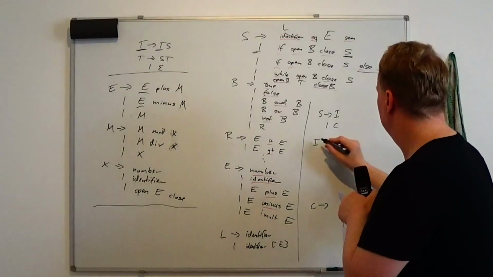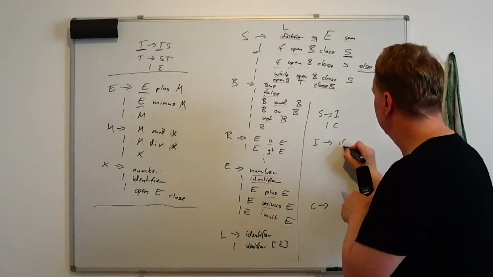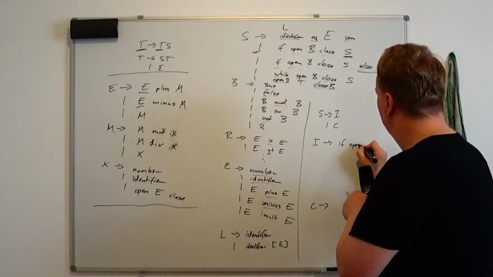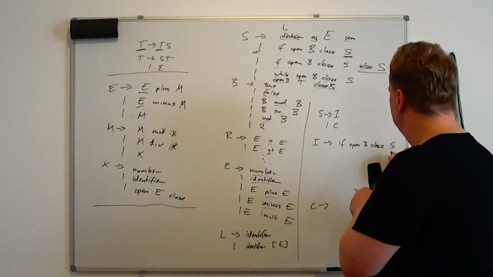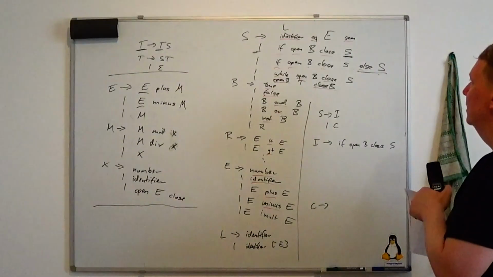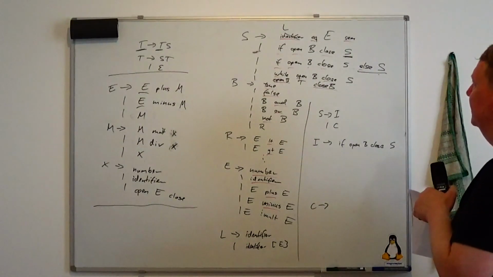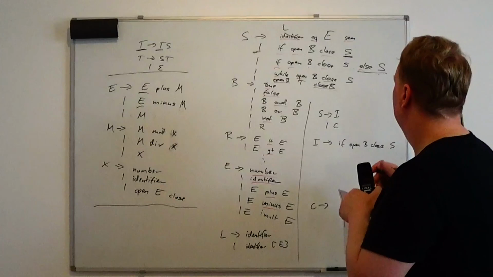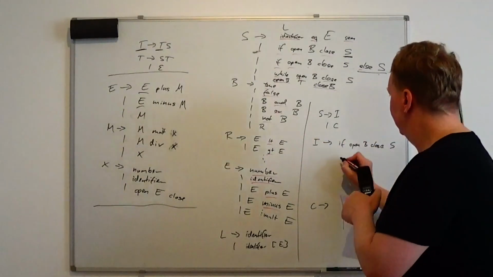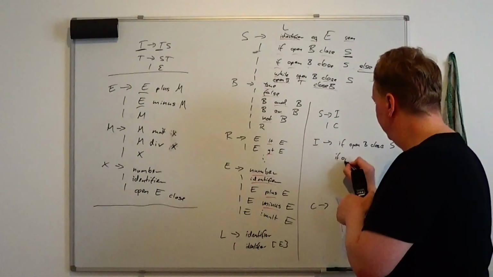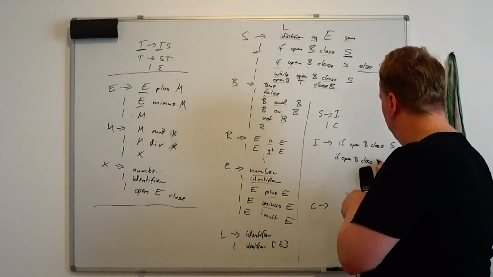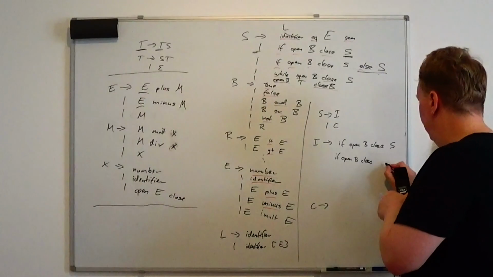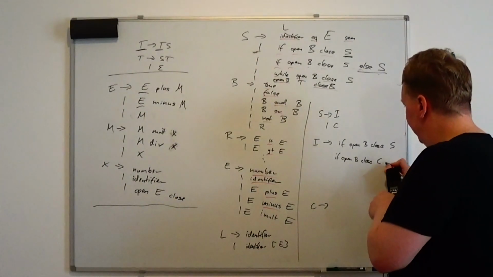So an incomplete statement could be if open B close S. Another way to be incomplete would be to have if open B close, a complete statement, else.